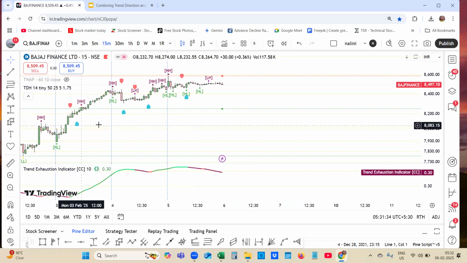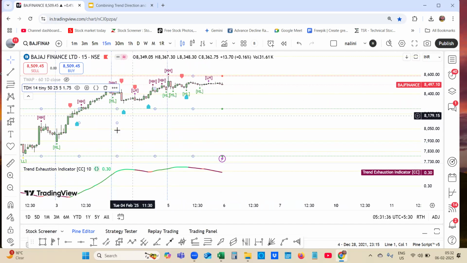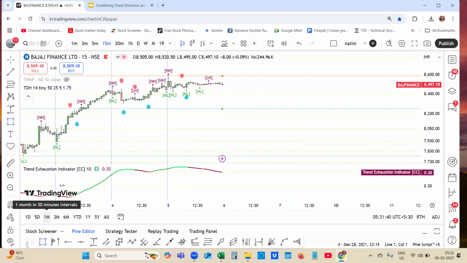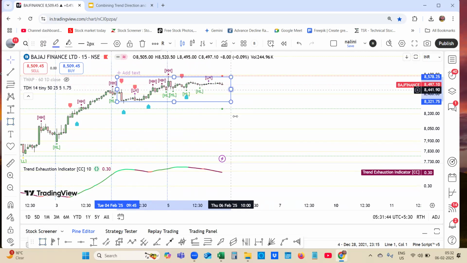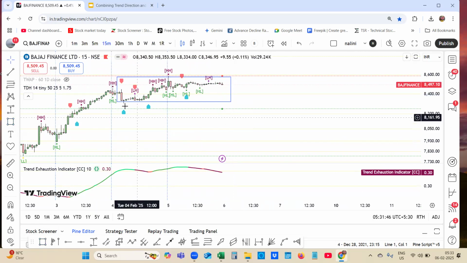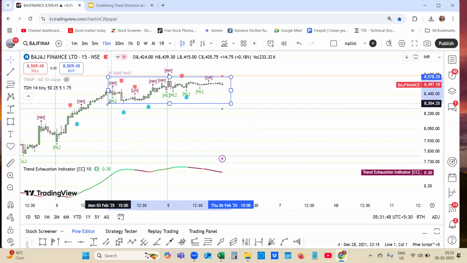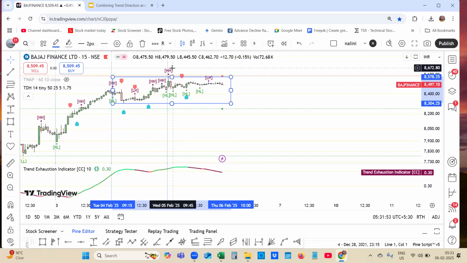Let me take the box. Here it is flat. In this box, if you see, the box is making higher high and higher lows. There is no lower low formed.